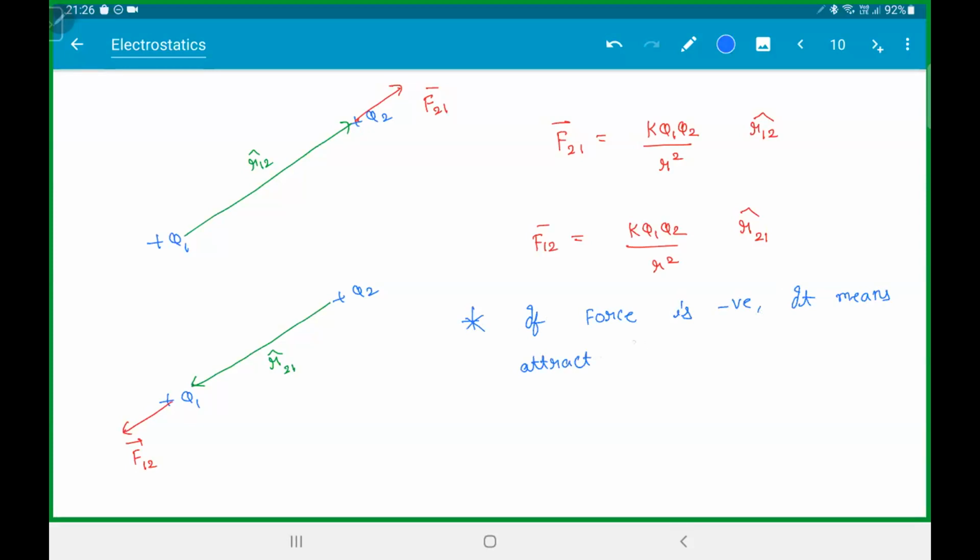Minus means attractive force. If the force is positive, it means a repulsion force. Clear? Let's see a question on this.